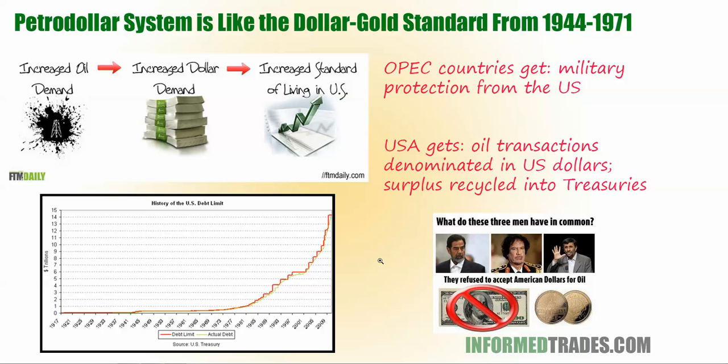So rather than getting the dollars and immediately converting them to another currency, they take these dollars and they buy U.S. Treasuries. That created a lot of demand for U.S. debt. So the U.S. could continue spending freely, racking up a lot of debt, because they knew there was all this demand for it. The OPEC countries would have their dollars and they would recycle them back into buying treasuries.